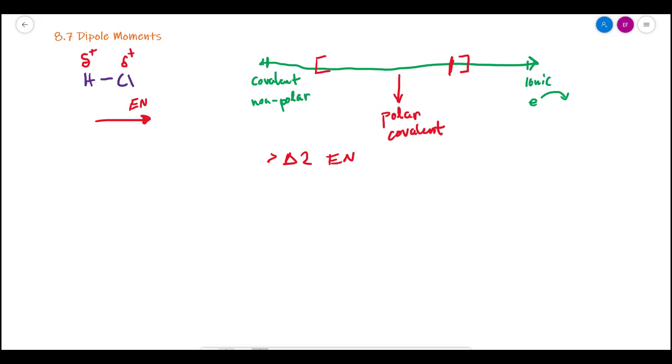And so we said, in reality, if we looked at an electrostatic diagram, a hypothetical picture of where the electrons lie, it would be something like this, where we'd have much of the electron density over here on the chlorine, and you'd have this more positive character on the hydrogen.